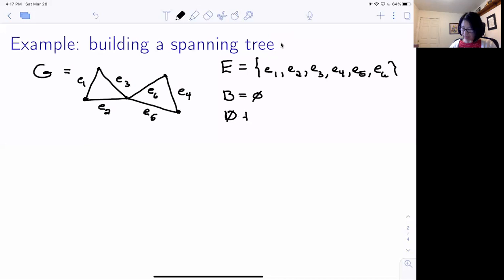Yes. So then B is equal to the empty set plus E1, so it's E1. Okay. So then we loop around again and consider the second edge, E2.